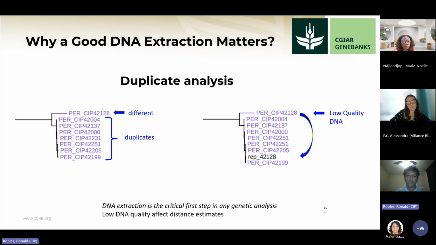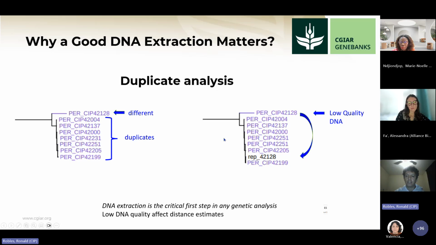But what happens if we reanalyze this sample, because we have one doubt, and make another genotyping of these accessions? The result of this repetition is in the right cluster, as you can see here.